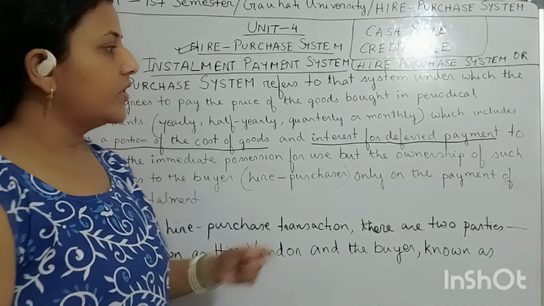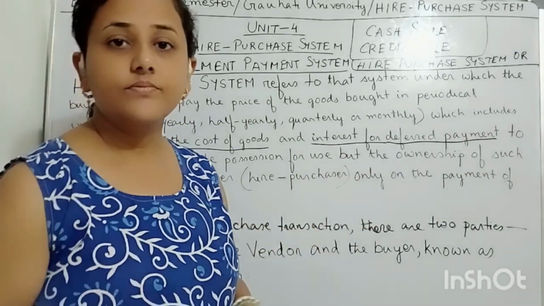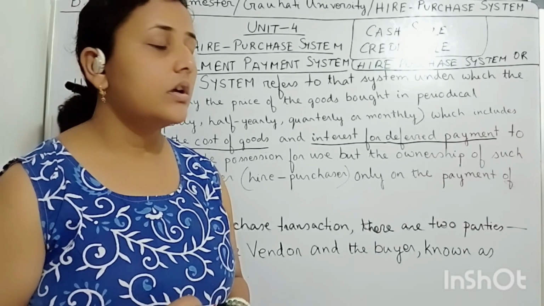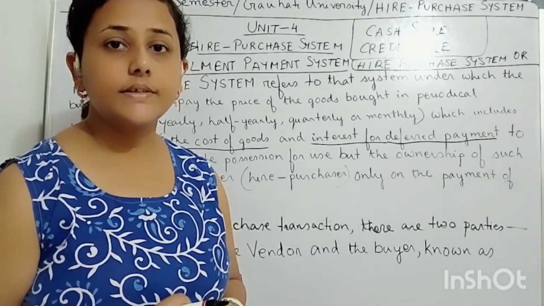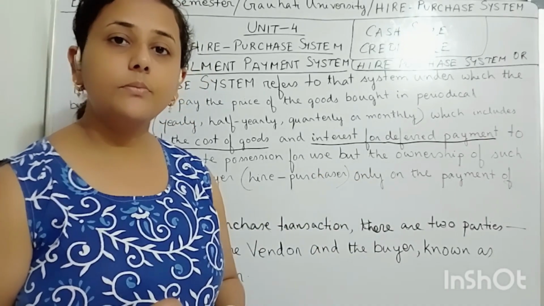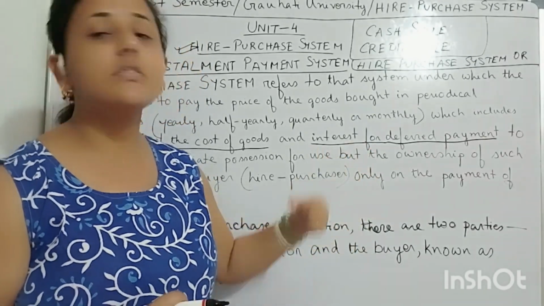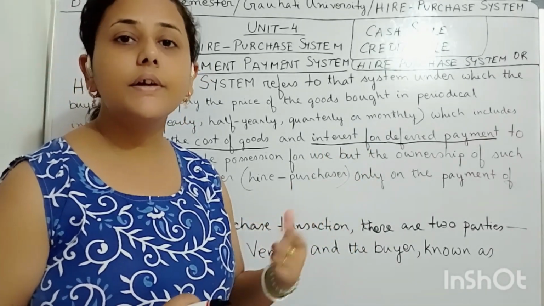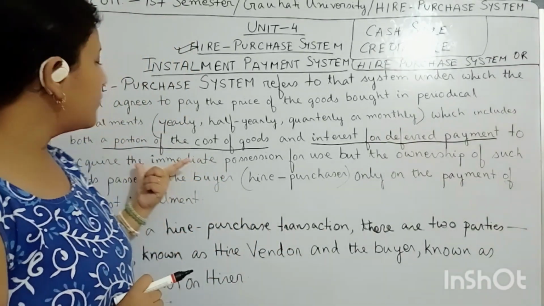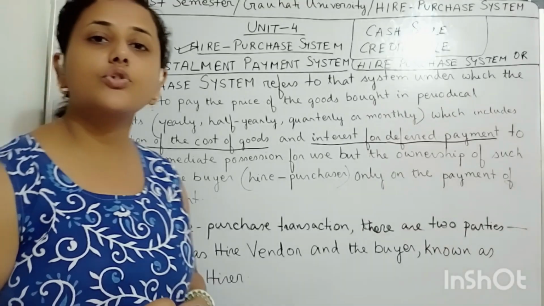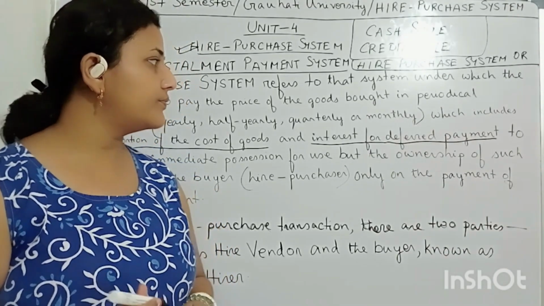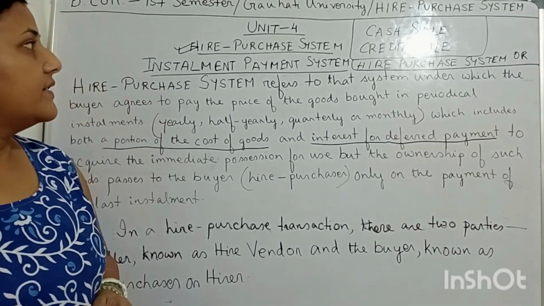There will be a delay in payment of the purchase price of the asset, so for that period of time an amount of interest will be paid by the buyer to the seller along with a portion of the cost of goods. So that is said in hire purchase system.